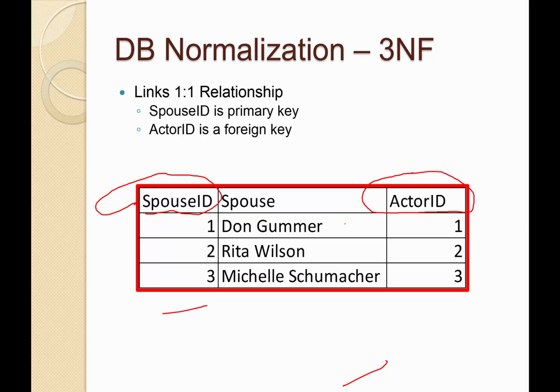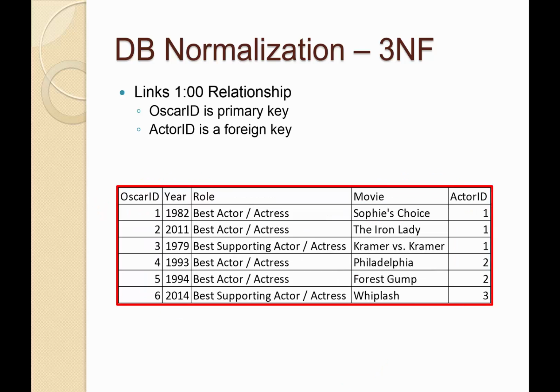So we could say here that Don Gummer is our first spouse, and then actor number one was Meryl Streep. Rita Wilson is married to actor number 2, which happens to be Tom Hanks, and Michelle Schumacher is married to J.K. Simmons, and he was actor 3 if you look in the actor table. But this is all explained in the follow-on video during the decomposition exercise.